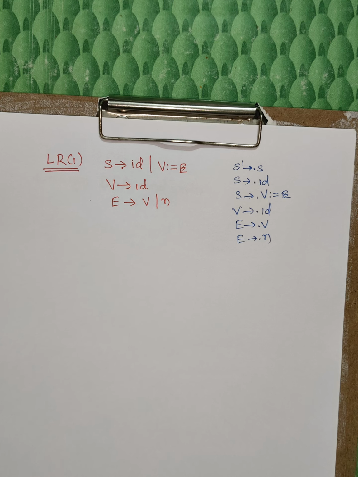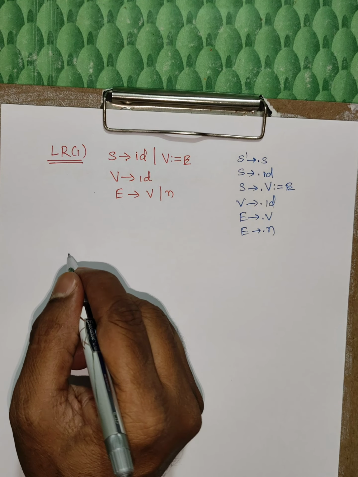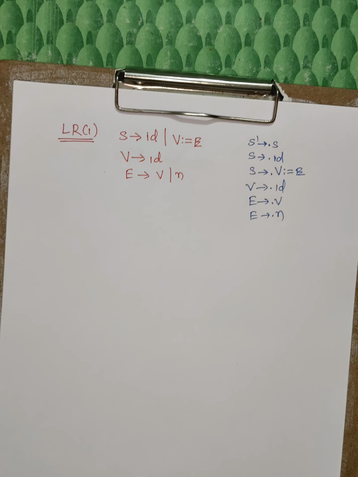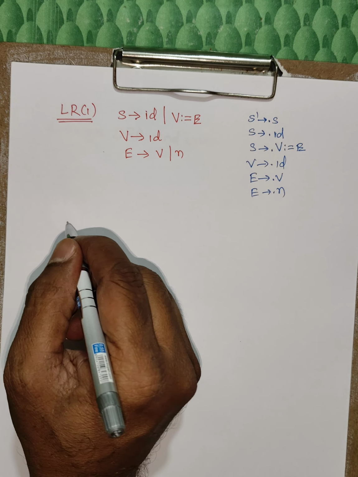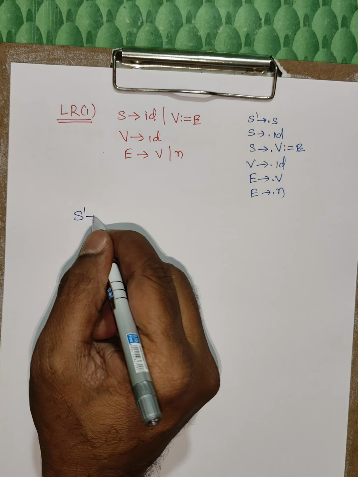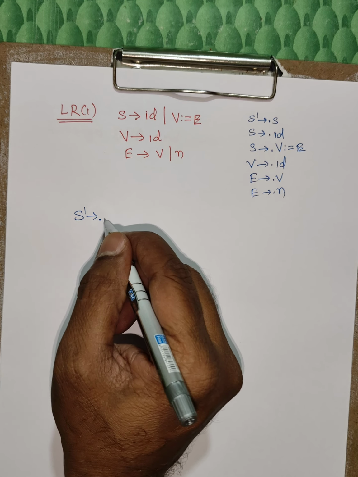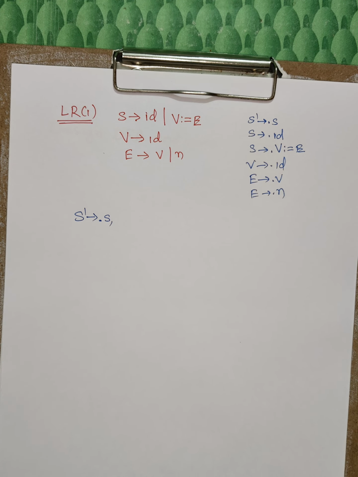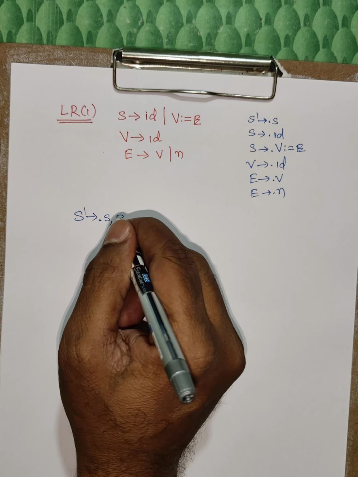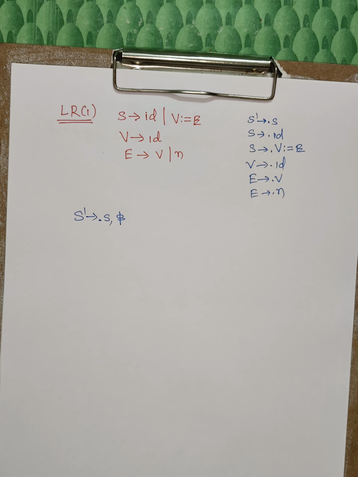Construct the DFA from this. First, S' produces dot S, and follow of S' is dollar.